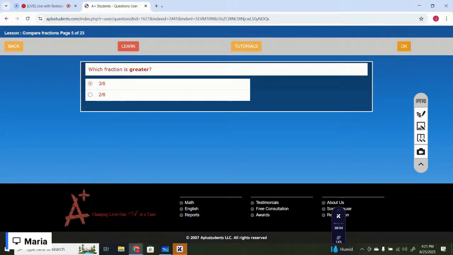The greater fraction is 3 by 6. Which fraction is less, 6 by 8 or 2 by 8? Option number 2 is the correct option, that is 2 by 8. Which fraction is less, 2 by 8 or 6 by 8?